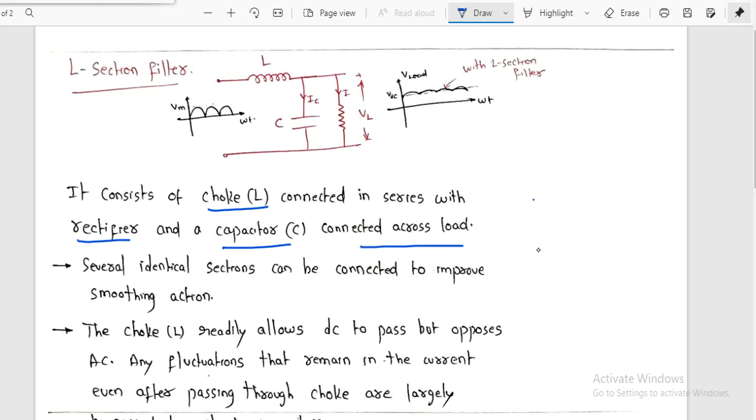This is the very important point. The inductor is in series with the rectifier output and the capacitor is in parallel with the load resistor RL.